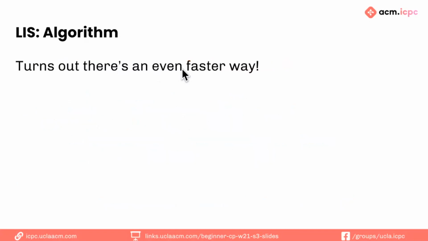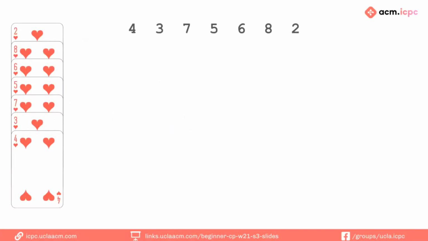To explain this algorithm, think about a stack of cards. We're going to use the same sequence again, but think about the sequence as a stack of cards. We'll call this the deck, and we're going to make a bunch of different piles over here. The 4 is on top, and it goes down like that.